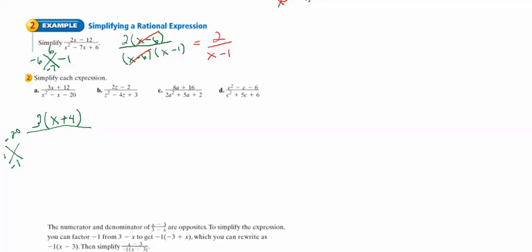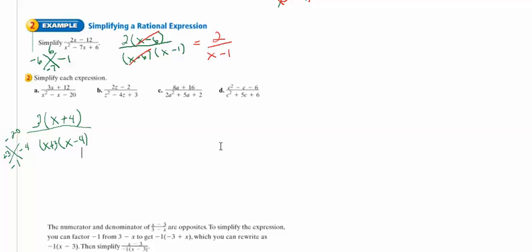One's positive and one's negative. So it's going to be negative 4, positive 3. Okay, so now I've got x plus 3 and x minus 4.